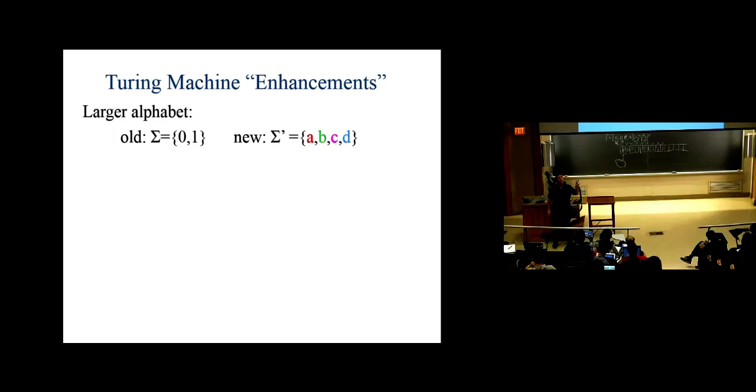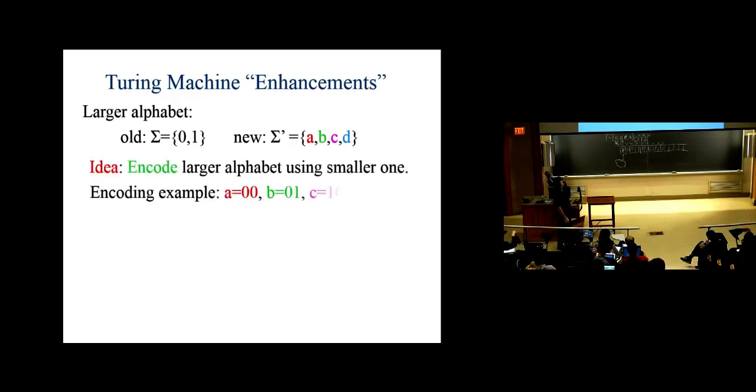Let me say, yeah, more characters will get you more sophisticated computation. How would you say, no, it might be a little more efficient, but it'll be the same thing. Why is that? Because you can encode larger alphabets with smaller ones. You can encode an A with a 0, 0, a B with a 0, 1, and so on.